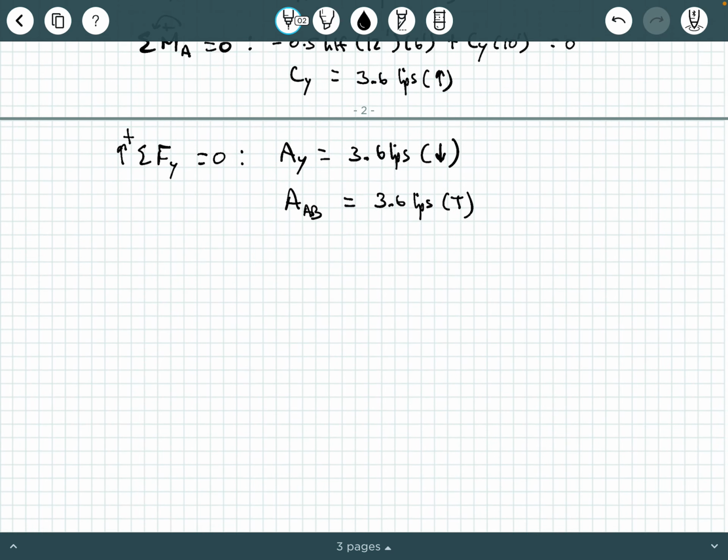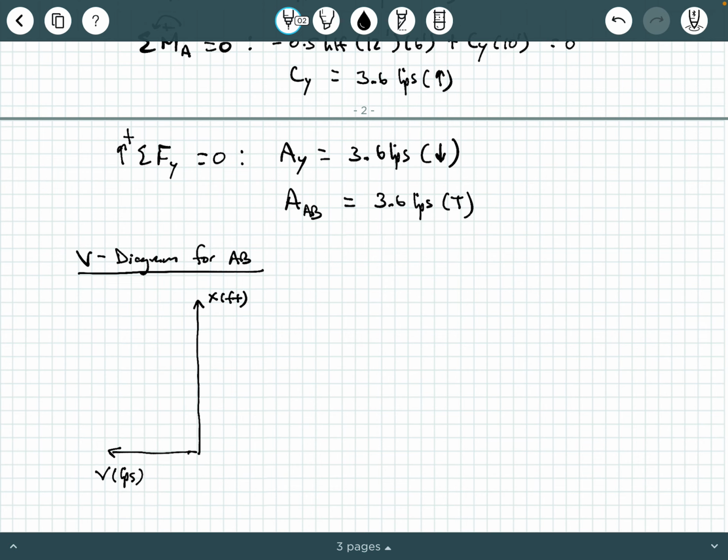So let's look at the shear diagram for AB. Okay, so if we look at the shear diagram for AB, we're going to have maybe an x-axis here, and we can call positive shear axis here, and this is of course going to have units of kips and feet.